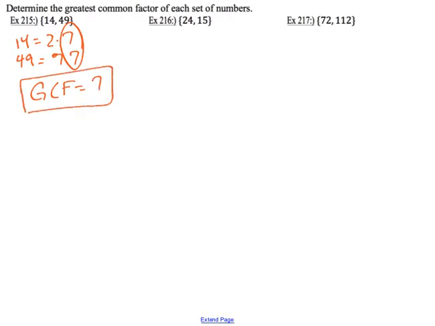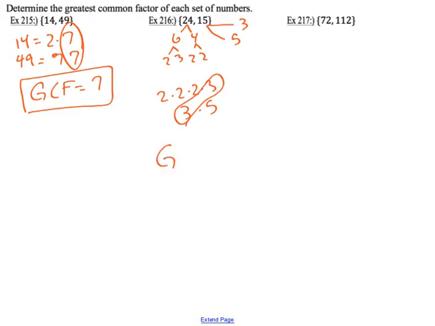Okay, example 2: 24 and 15. Well, 24 is 6 times 4, that's 2 and 3 and a couple more 2's, so it's 2 times 2 times 2 times 3. 15 is 3 times 5. The only thing they have in common in their factor lists is 3. So the GCF is equal to 3 here.